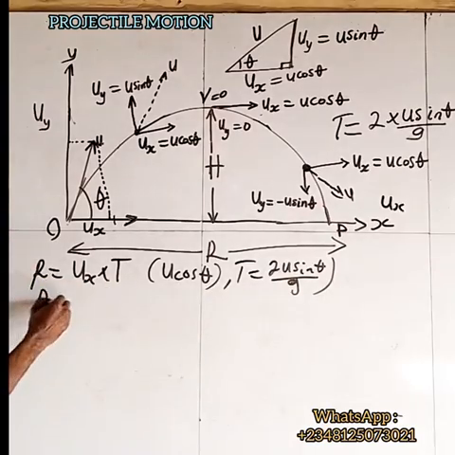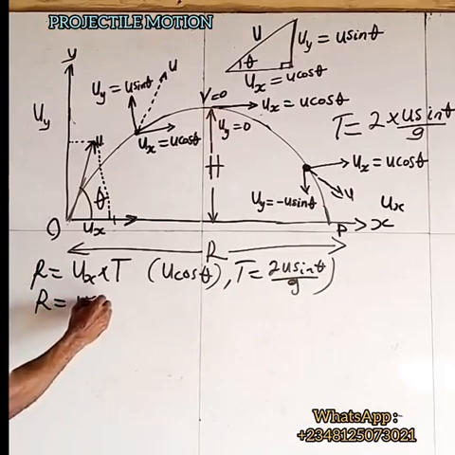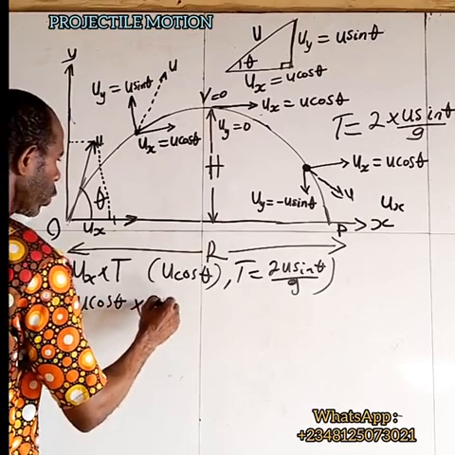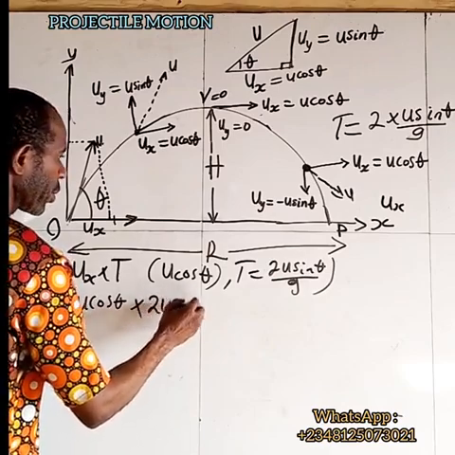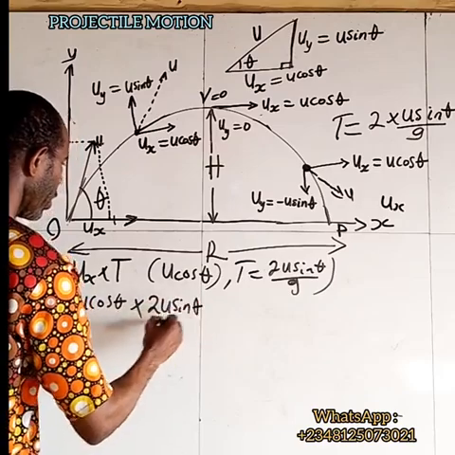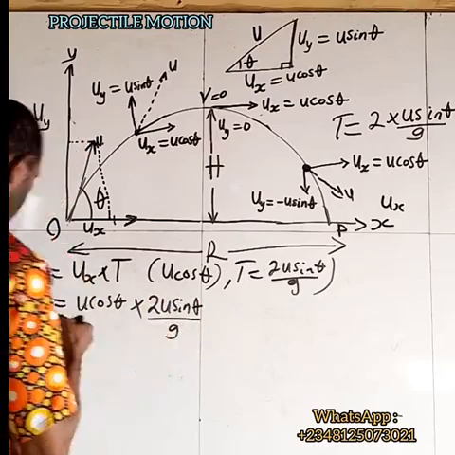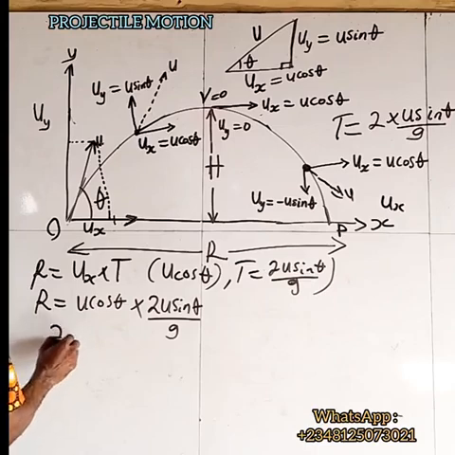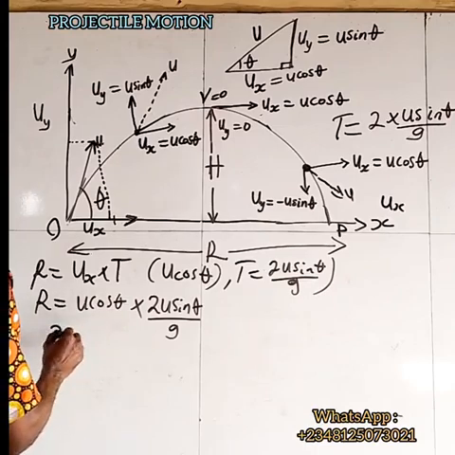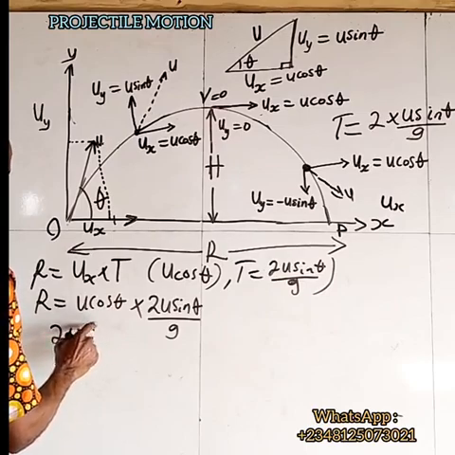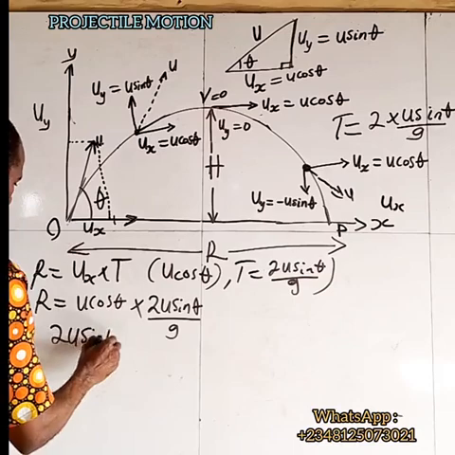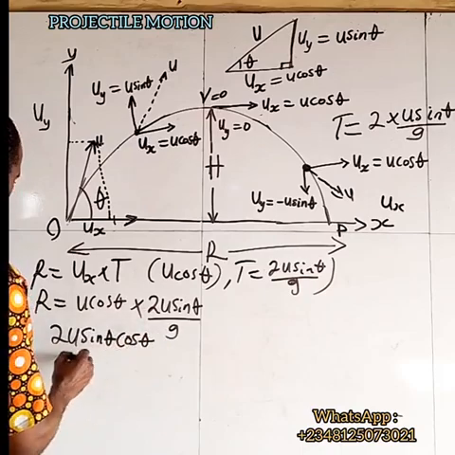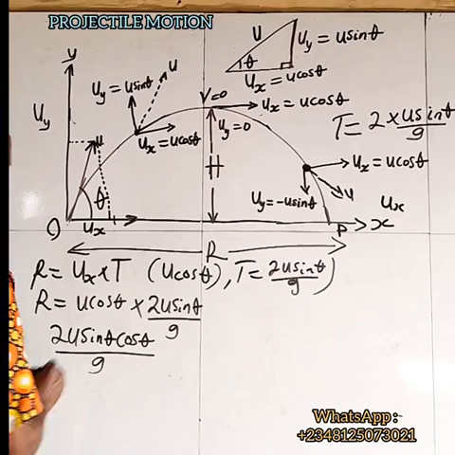So we have range is equal to u cos theta multiplying 2u sine theta all over g. So this will now give us 2 u squared sine theta cos theta all over g.